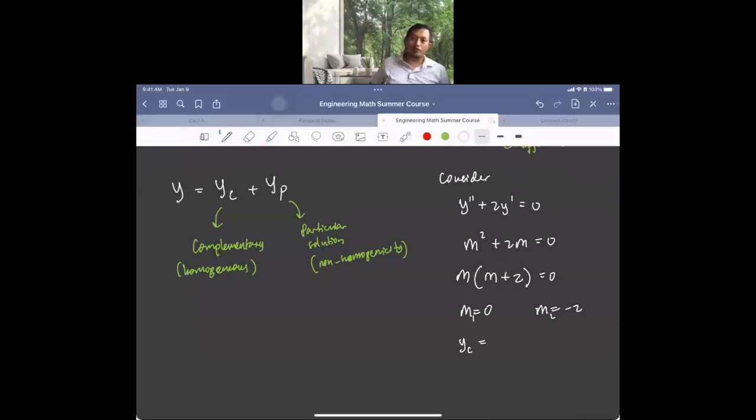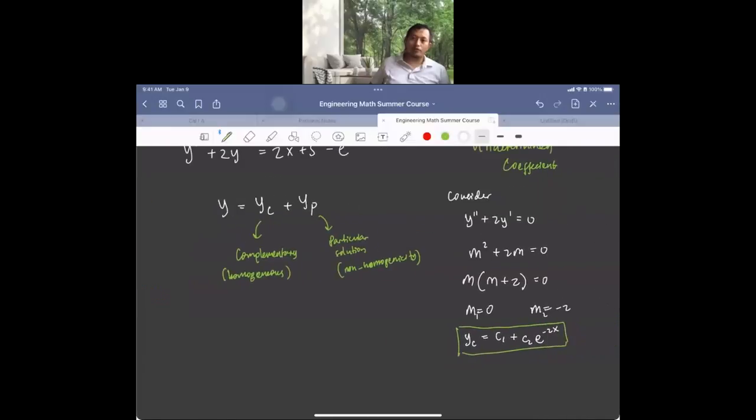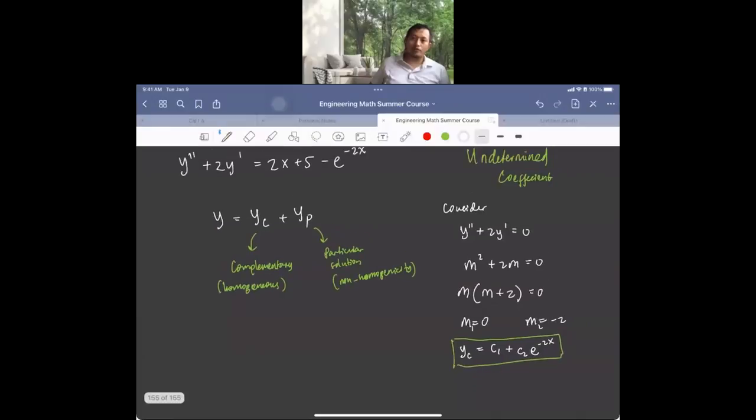Oh, it's not 2, sorry, -2. So our complementary solution is C1 plus C2 e^(-2x), right? I think that's clear from here. So first we get this. Okay, now what's the next step?